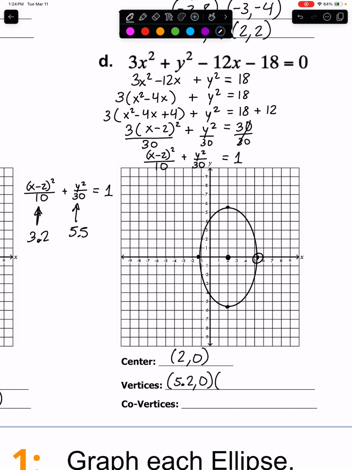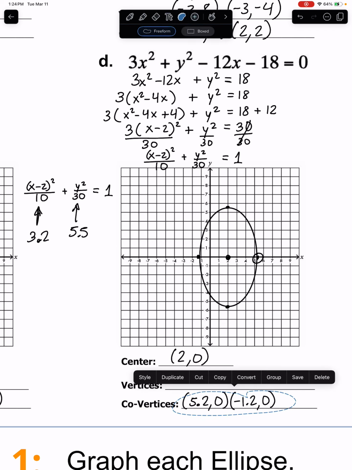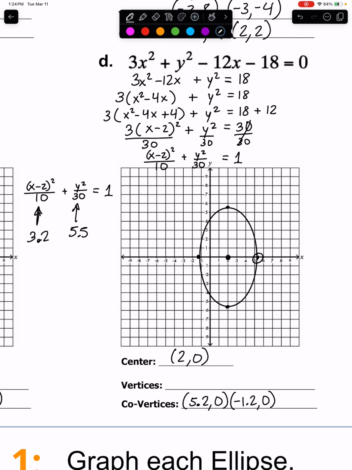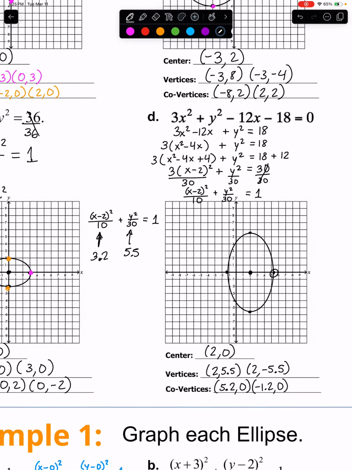The other one at, what point would this be? 1.2 comma 0. And actually, these are our co-vertices because they're on the shorter side. Vertices are the longer. So vertices would be (2, 5.5) and (2, -5.5). So there's your vertices. And your co-vertices.